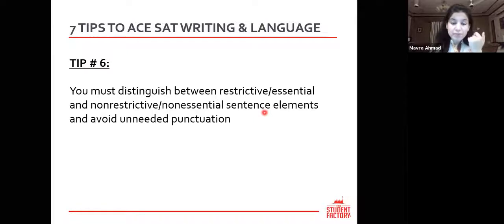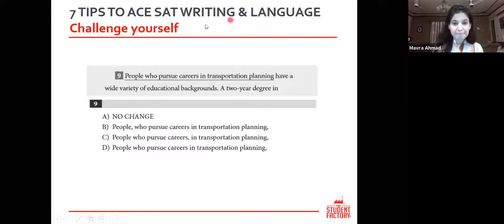So we need to make sure कि हम इन दोनों को distinguish कर सकें ताकि हम punctuation जो है वो avoid कर सकें, incorrect punctuation, unneeded punctuation, commas, apostrophes, unnecessarily हम उनका usage जो है वो avoid कर सकें. So let's look at an example question for tip number 6.